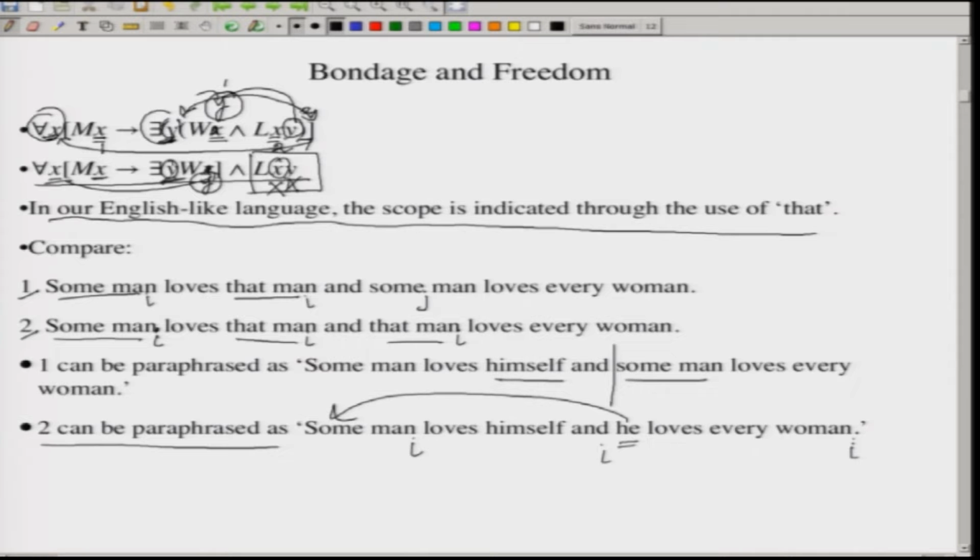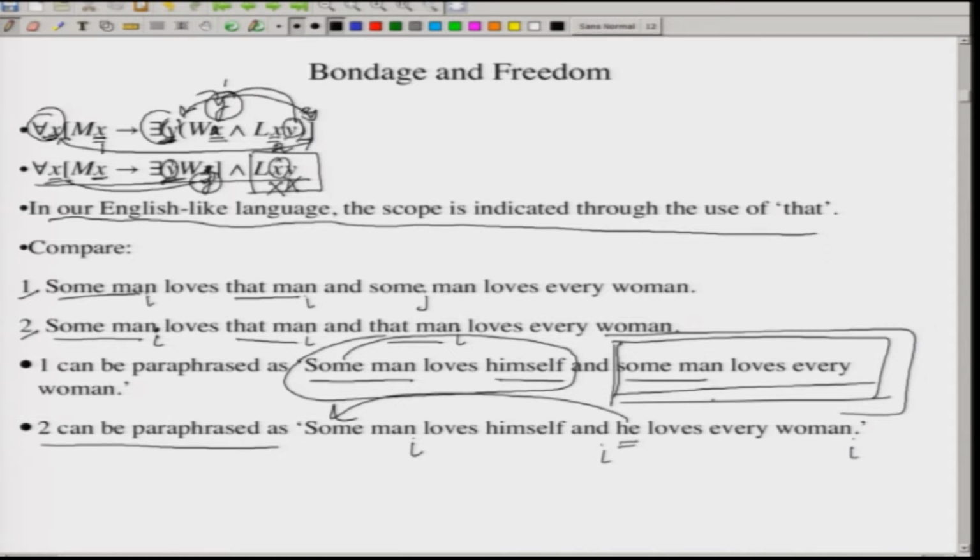So now we shall see how to treat this in our logical representation. Because of binding, some man is the binder, and till here the scope of the binding is there, and this is a completely different scope.